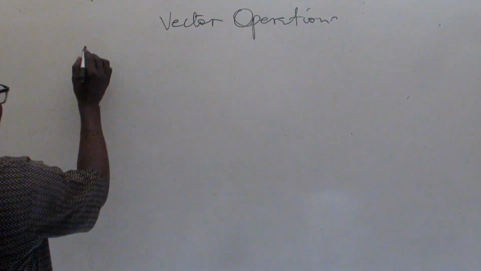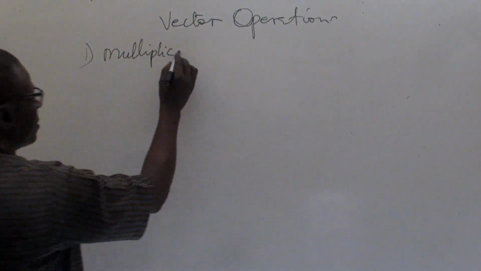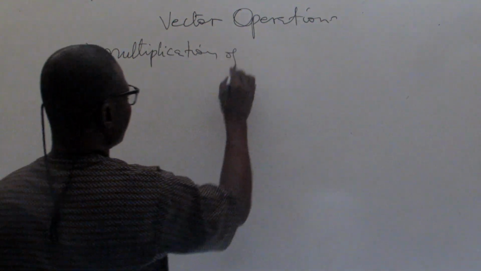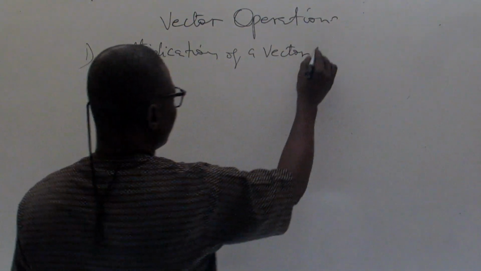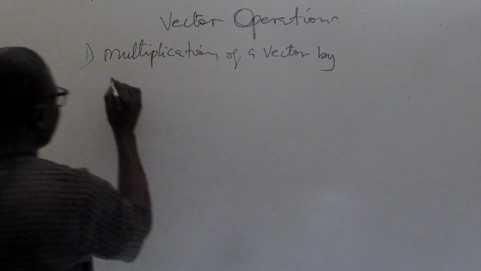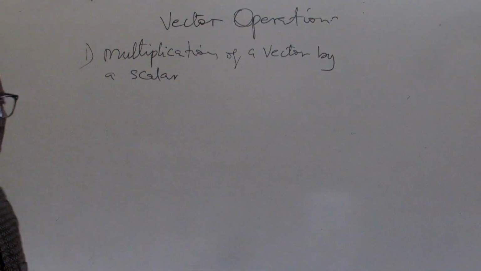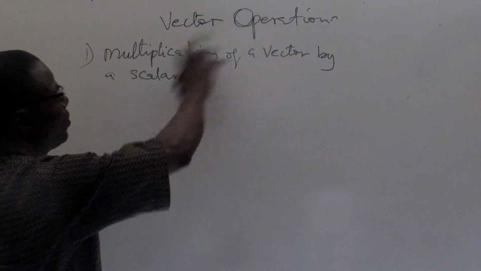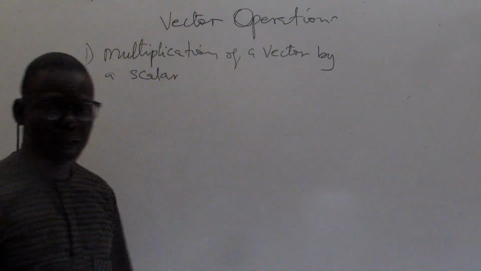One of them we want to look at is multiplication of a vector by a scalar quantity. When we multiply, vectors can be operated on by multiplying a scalar quantity by the vector.